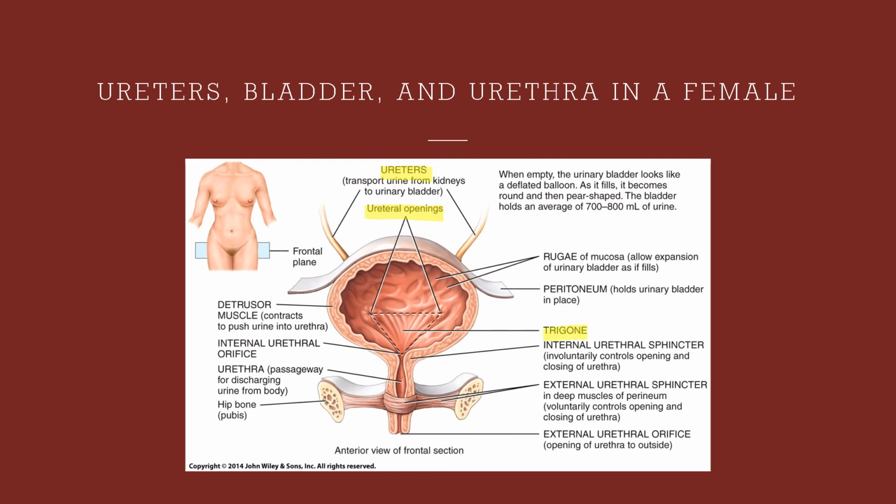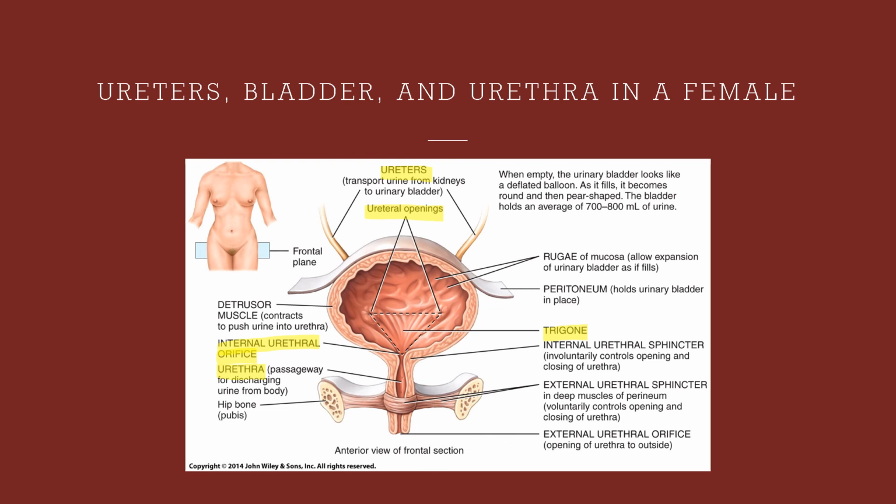Trigone just means triangle. So the posterior two corners of the trigone contain the two ureteral openings. And then the opening to the urethra, so here's the urethra, but the opening to the urethra is the internal urethral orifice. This makes up the anterior corner.